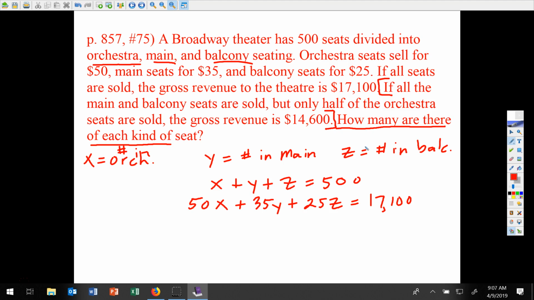Anybody put something down for that? Only half of the orchestra, or you could do 1/2 times 50x, which is the same thing.